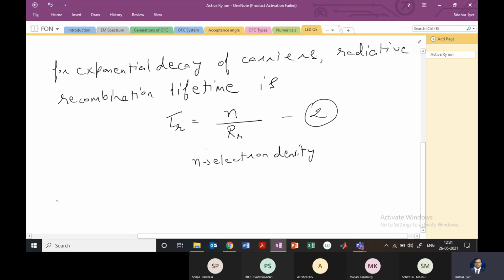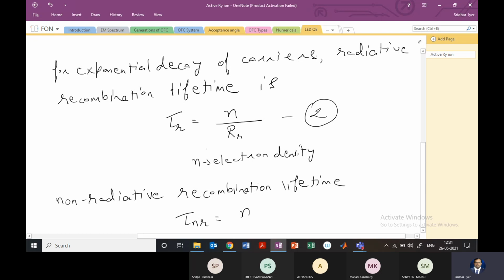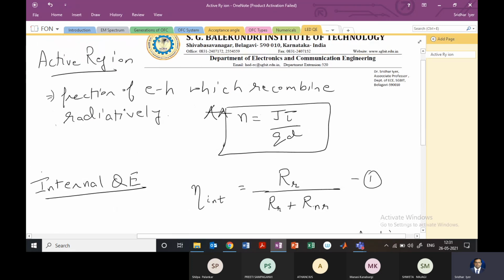Similarly, the non-radiative recombination lifetime. We can also define this, and we'll call this tau_nr, and this will be nothing but, similarly to equation 2, n divided by R_nr, right? Let us call this equation 3. So now let's put equations 2 and 3 into equation 1.